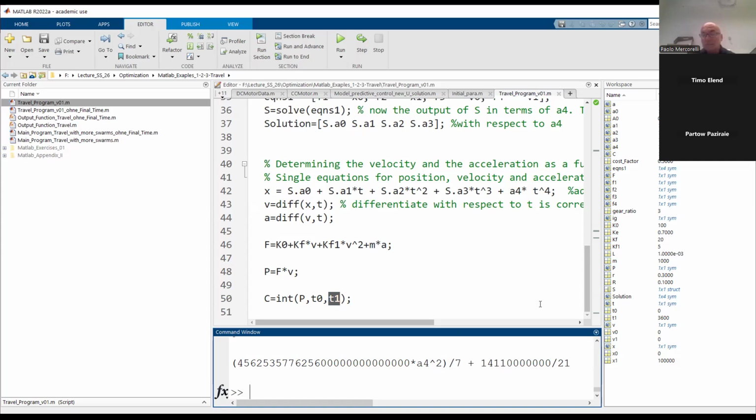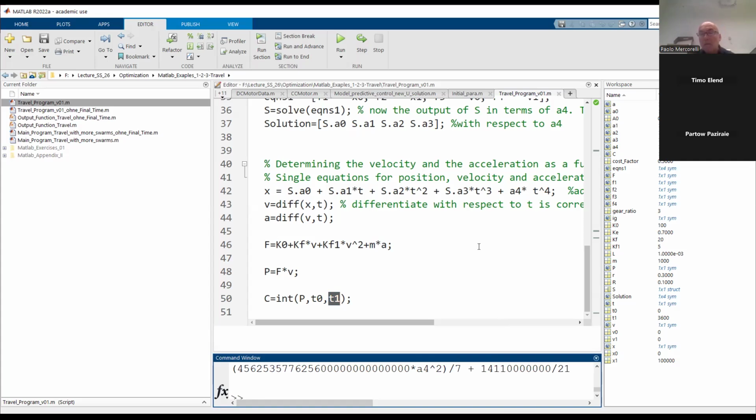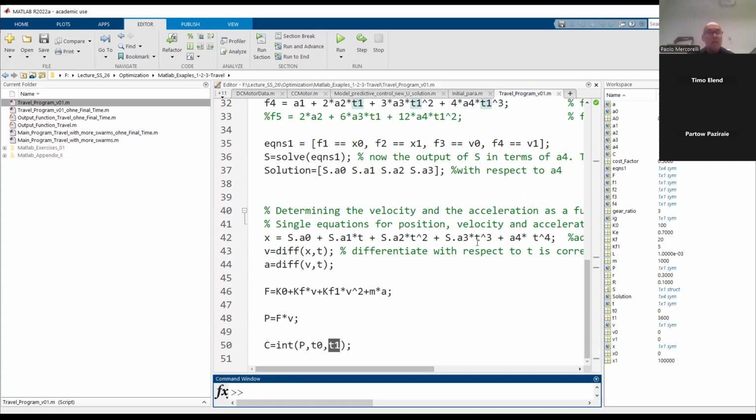Then I have to open another file, in which I do the derivative, but this time with respect to A4. Now, the derivative A4. Let me see.